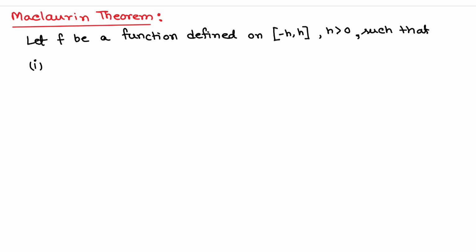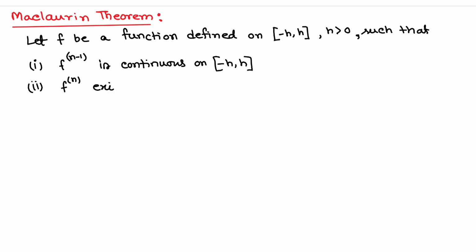Number 1, f n minus 1, that means n minus 1th derivative, so f n minus 1 is continuous on minus h comma h, obviously closed interval. Number 2, f n exists on open interval minus h comma h.